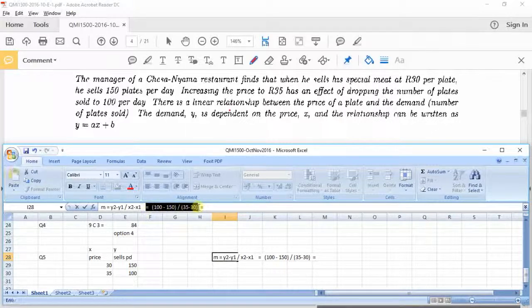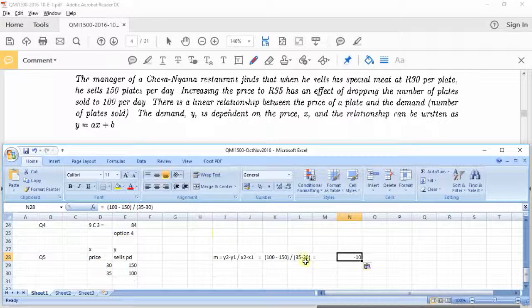Straight line graph, does it make sense? Yes. Minus 10. So the 10 is the A, that's the slope. I just need the B now.